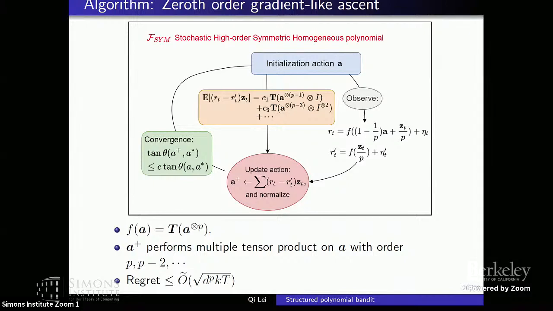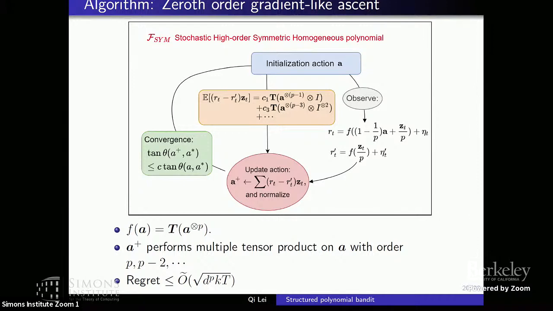When P is large, if you do some Taylor expansion, this product will have a lot of terms. But luckily, each term is steering towards the target direction, because this is a combination of multiple tensor vector products.